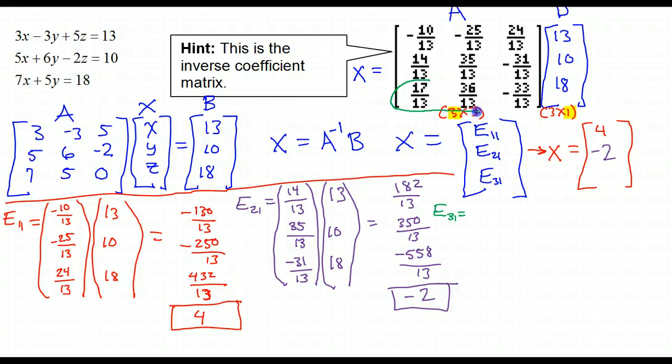Alright, so I'm doing row 3 times column 1. So that means I've got 17 over 13 and 36 over 13 and negative 33 over 13.